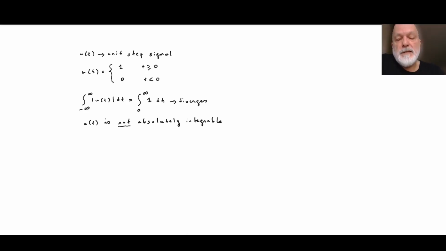We are going to see that we will be able to obtain an expression for the Fourier transform of u(t), but that Fourier transform will not be finite for all frequencies from minus infinity to plus infinity, but at certain frequencies we have infinite magnitude. So let us see how we can achieve this.